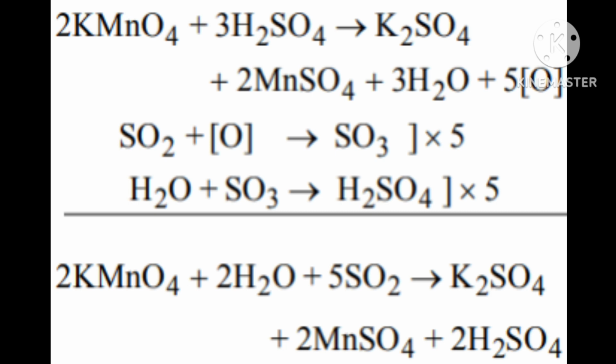Actually all reactions are important, keep in mind. 5C2O4 2 minus, oxalate, plus 2MnO4 1 minus, meaning KMnO4, plus 16H plus. It gives 2Mn2 plus plus 8H2O plus 10CO2.